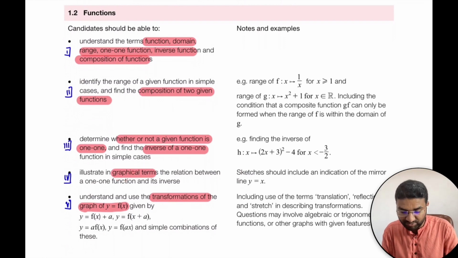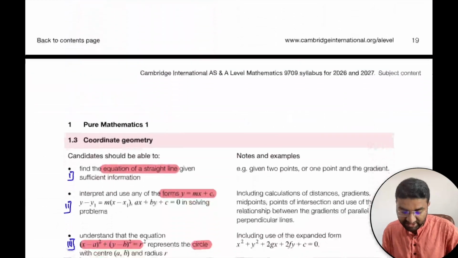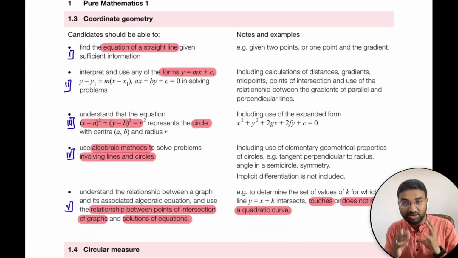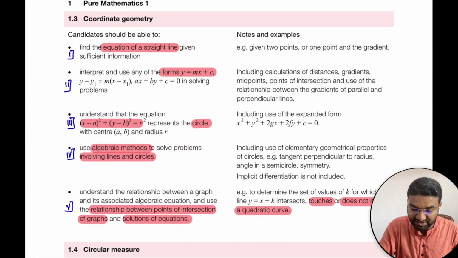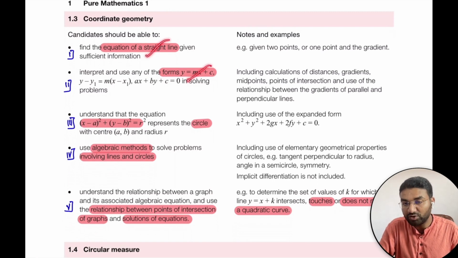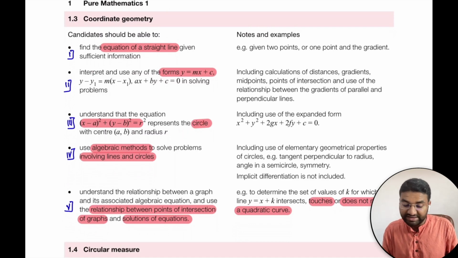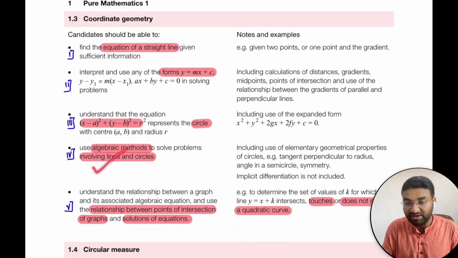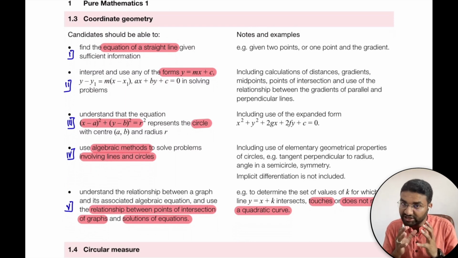Then the transformation part is based on the basic understanding of algebra, the first topic. Next, coordinate geometry. You have 5 topics: the equation of a straight line in the form y = mx + c; the equation of a circle, x² + y² = r²; and the algebraic method to solve the equation of a circle and the equation of a line.